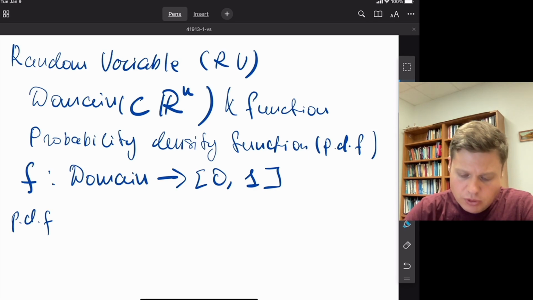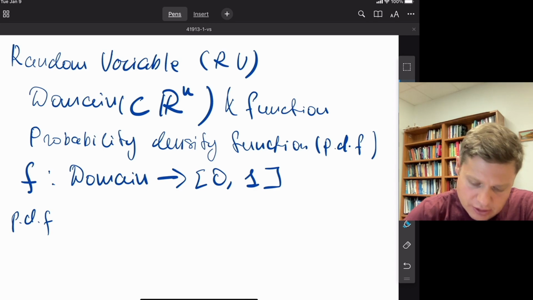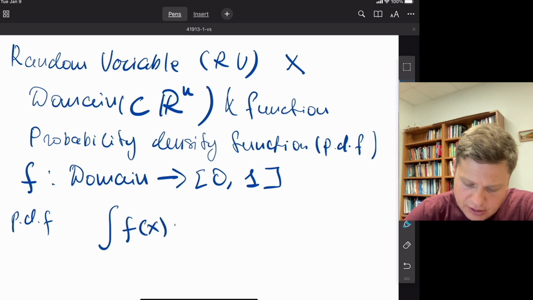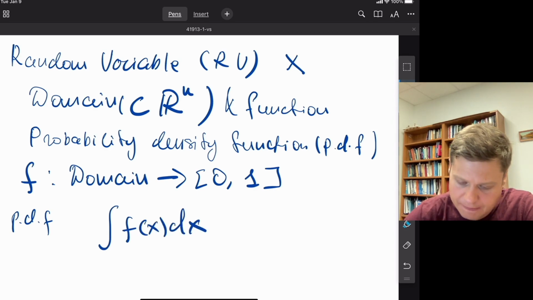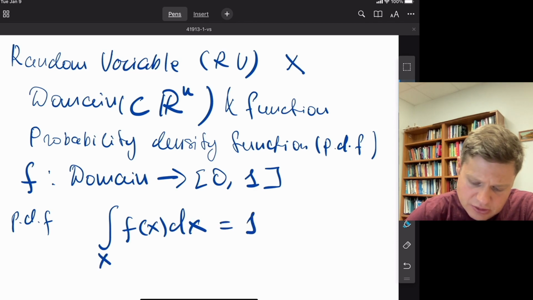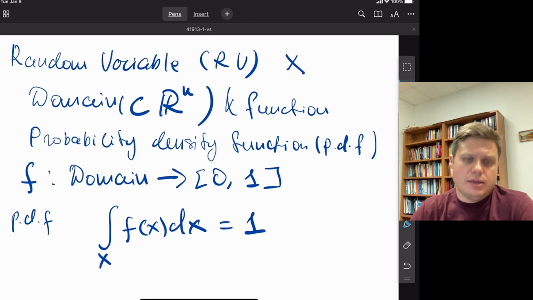Another rule that this PDF function has to satisfy: let's call this random variable x. If you integrate this function f with respect to this variable x, then it has to be equal to 1.